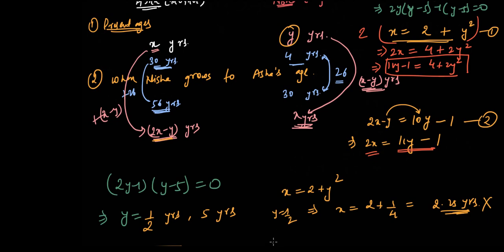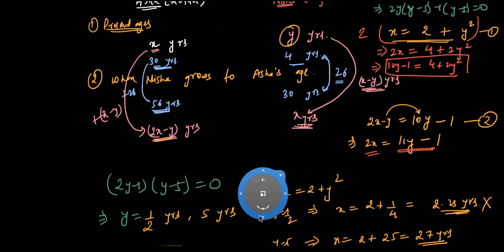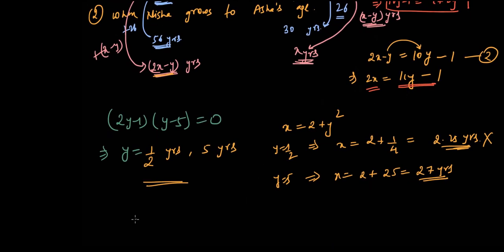Anyways, let us take the next value, y is equal to 5, which gives me x is equal to 2 plus 5 square, which is equal to 27 years, which looks reasonable, right? So Asha's present age, let me write this once again. Okay, so Asha's present age will be how much?